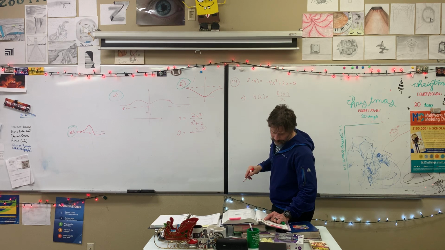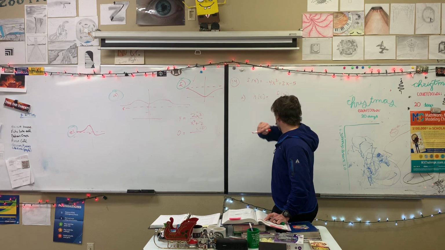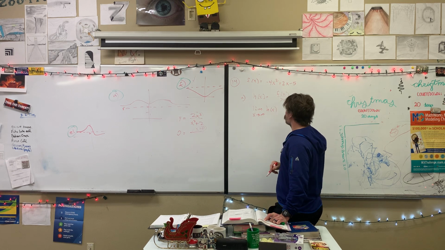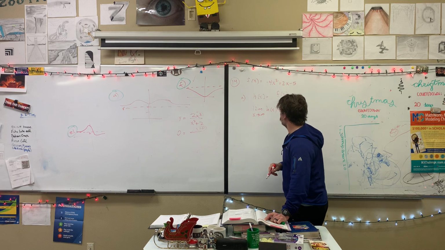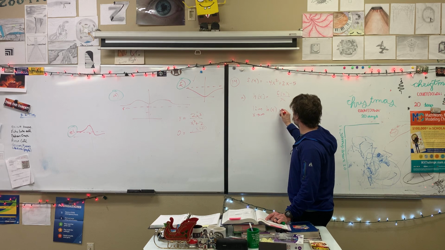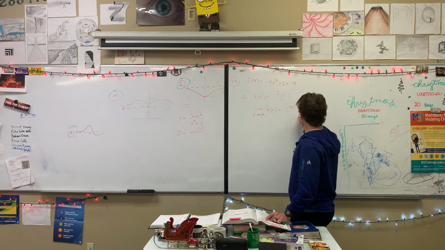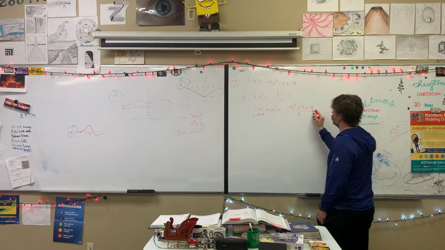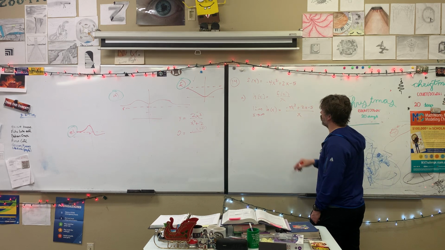And they want you to find the limit as x approaches infinity of h of x. So really you're just finding the limit of f of x over x for part A, and f of x is negative 4x squared plus 2x minus 5 all over x. So you're just finding the limit as x approaches infinity of that fraction right there.